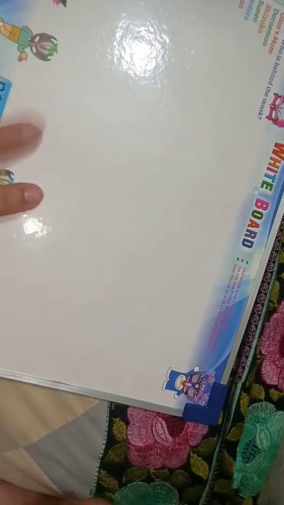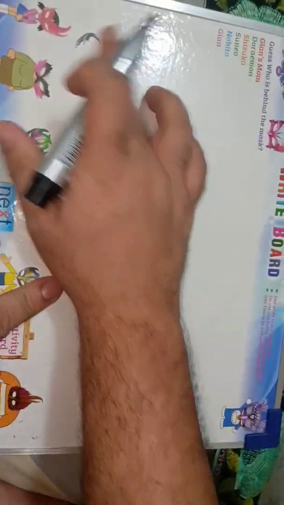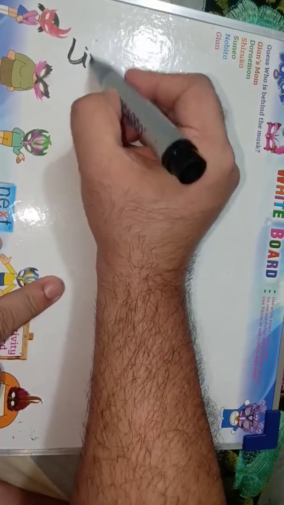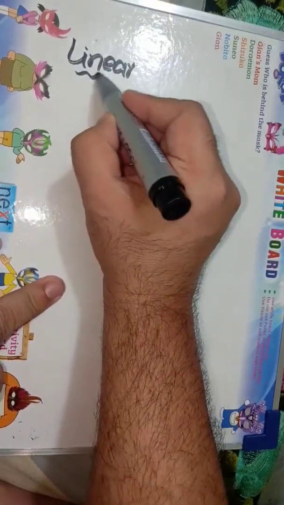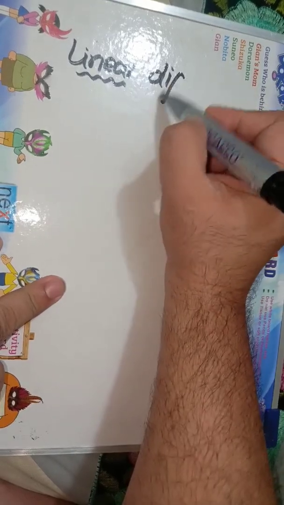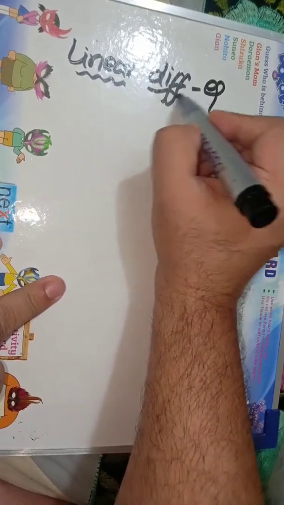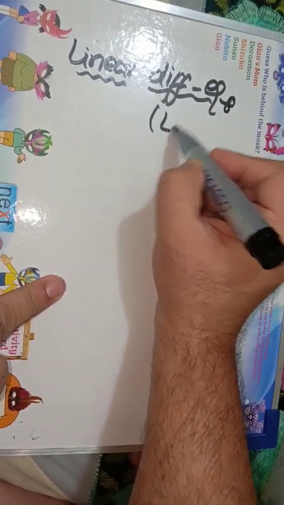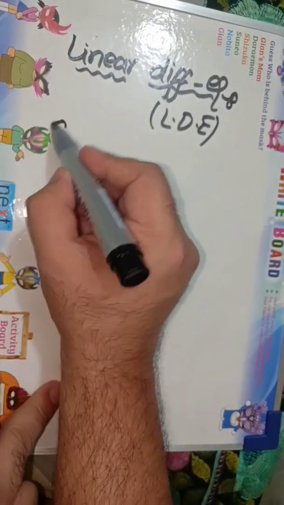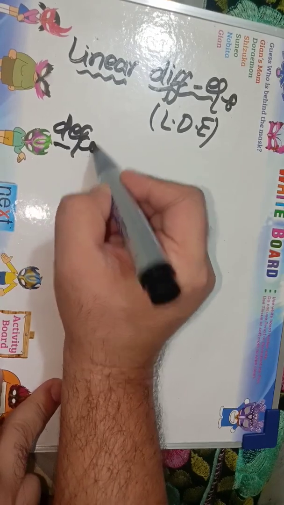Now I must go towards a very important branch of differential equations. The name is linear and non-linear differential equation. We can abbreviate linear differential equation as LDE. What is the definition of linear differential equation? I must write there.